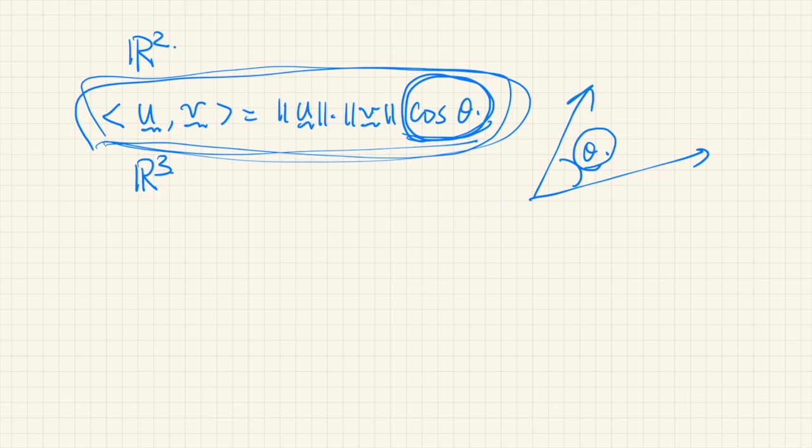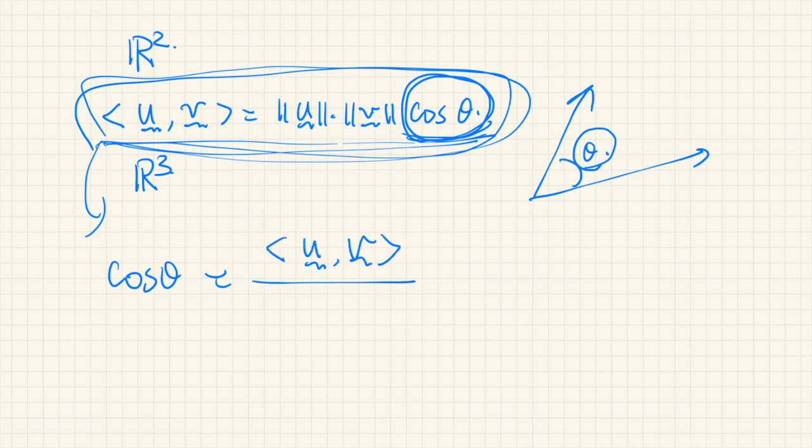Before defining the angle by this, we first consider this equation and change it a little bit. If this equation holds, then cosine theta should be expressed as the scalar product divided by the product of the norms of these two vectors, right?